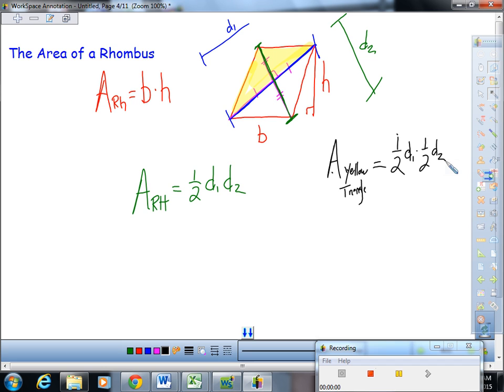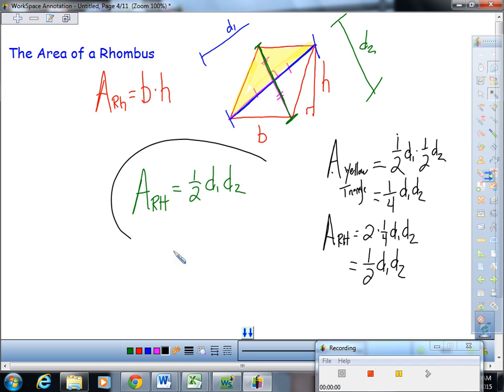So that would be the area of the yellow triangle, and we could simplify that to 1/4 D1 times D2. Well, if we wanted to find the area of the rhombus, we could simply take the yellow triangle and multiply it by 2, and that is how we come up with this formula.